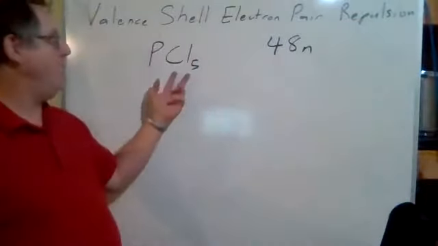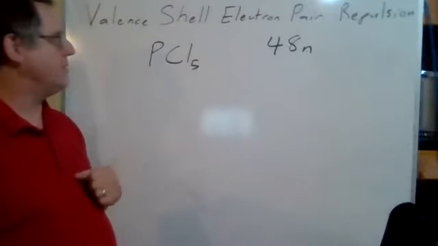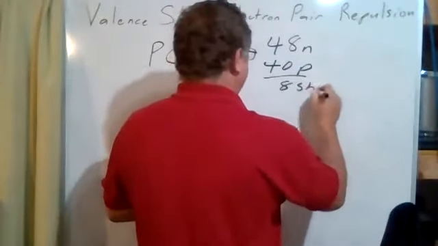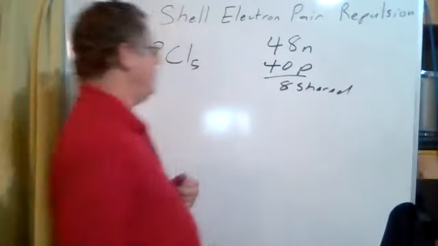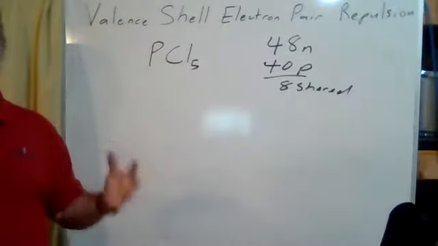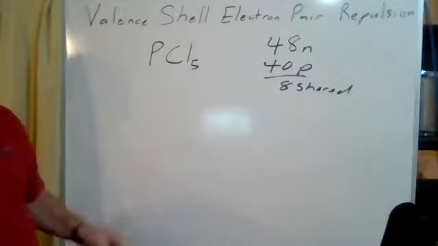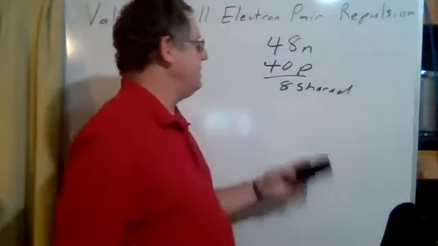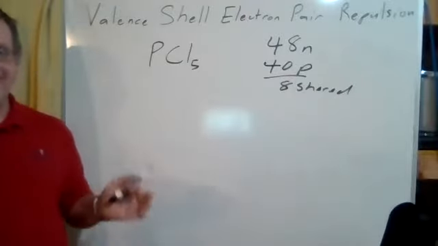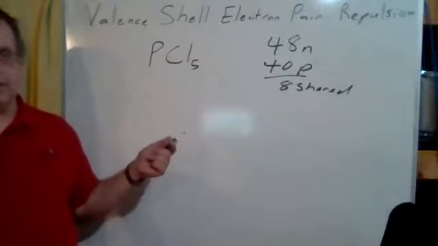Now, each chlorine has 7, so 7 times 5 is 35, plus the phosphorus, which gives us 40. That's 8 shared. Now, I have 6 atoms. I cannot put 6 atoms together with 4 bonds. What this tells me is that this particular structure cannot follow the octet rule.